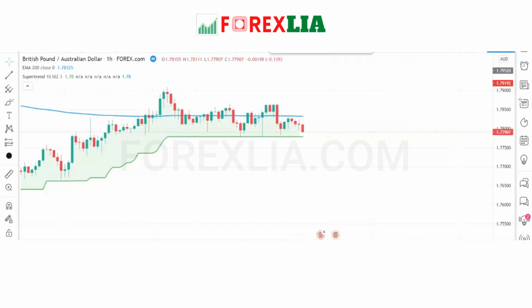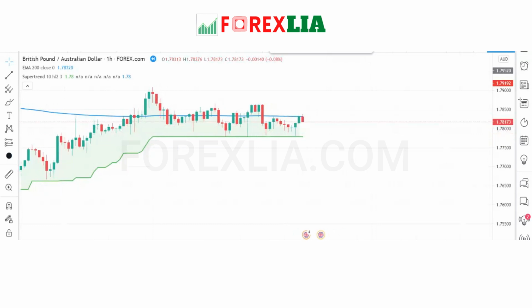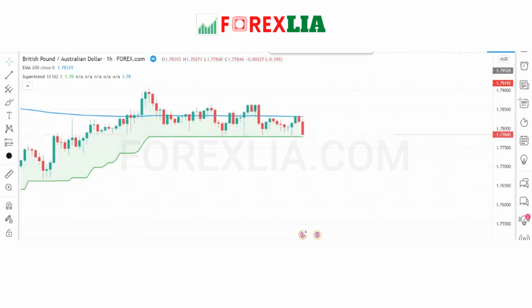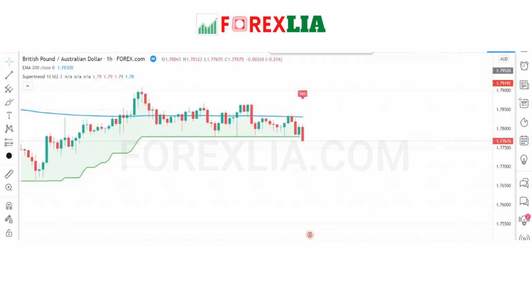If the market is below the 200 period EMA with Supertrend confirmation, we take a sell trade. Now here is the sell trade confirmation. We place the sell trade here.